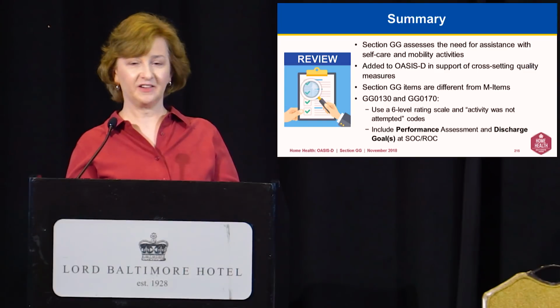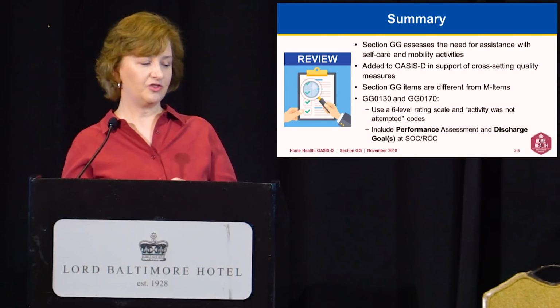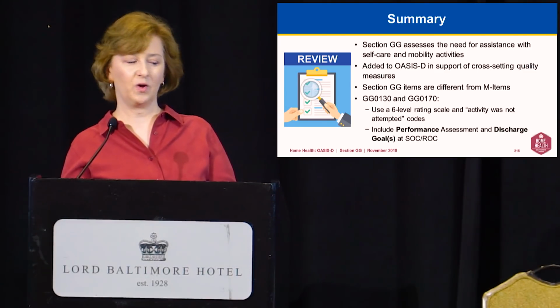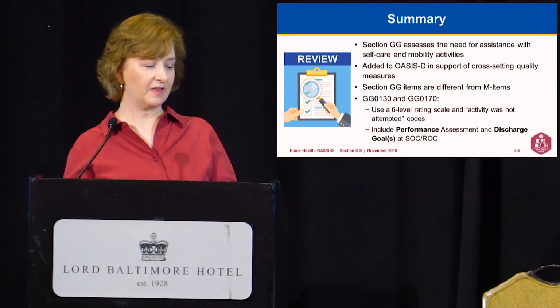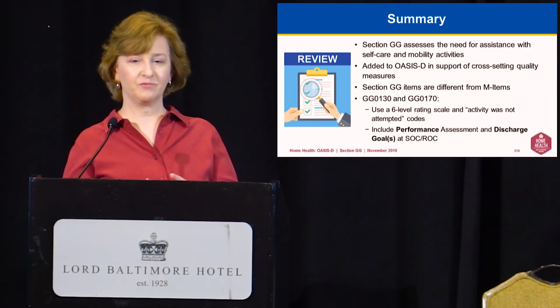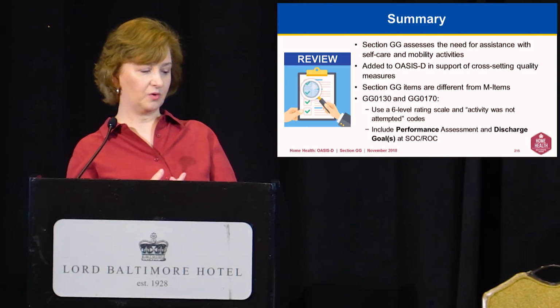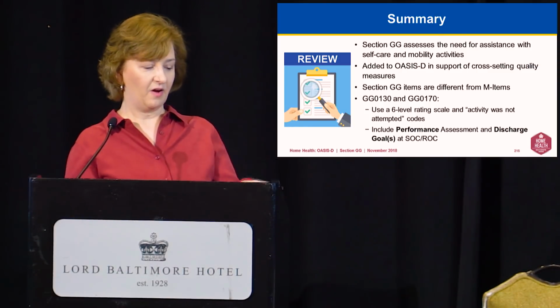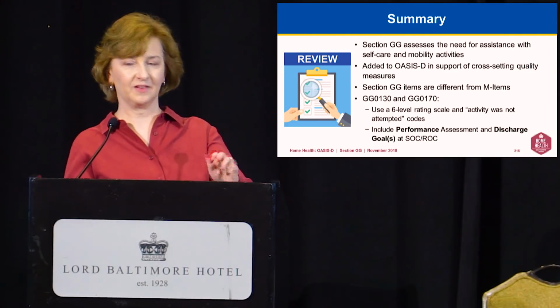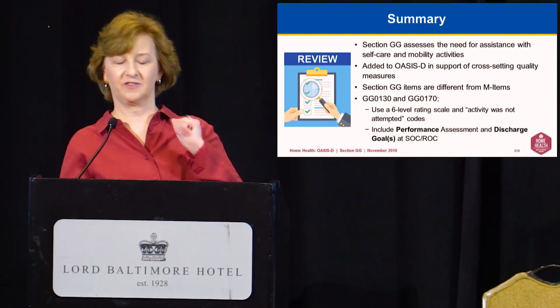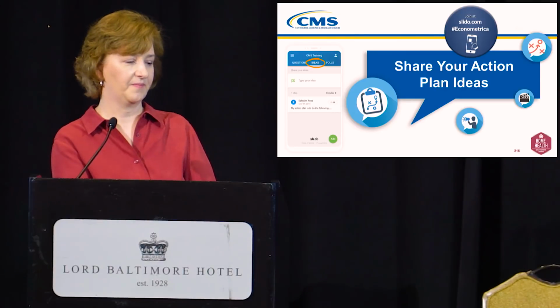Section GG items are different from the M items, and GG0130 and GG0170 are the key items in this area, and you have the option to use the 6-level rating scale or the activity not attempted codes. On the SOC-ROC, you'll see performance and discharge goals. On the discharge assessment, you'll see just performance.